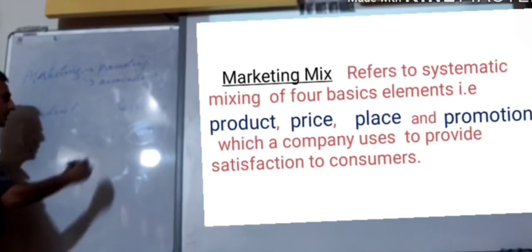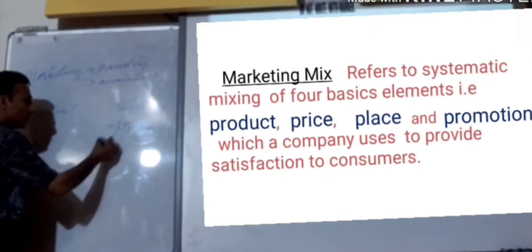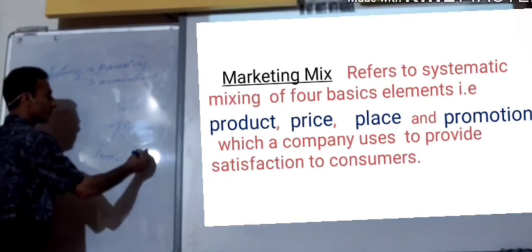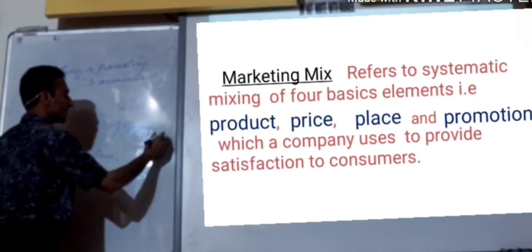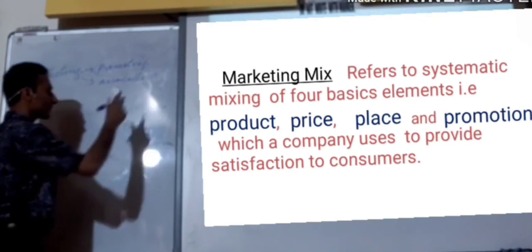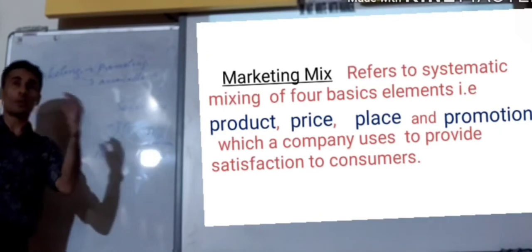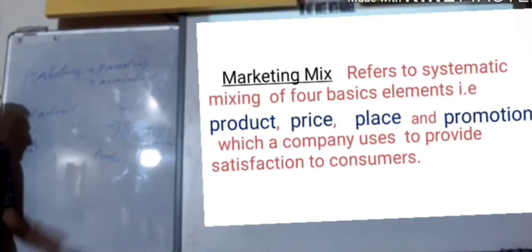And for services, 3 more p's are added. These 3 more p's are people, process, and physical environment. People, process, and physical environment. So marketing mix for services will include 4p's plus these 3p's.